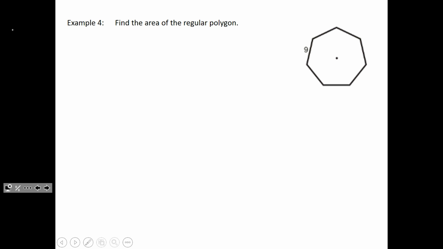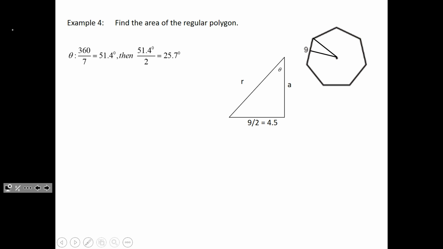One of the sides. Well, if the side is 9, what's half a side? Very good. So when I draw in my triangle, I know that the bottom piece, our x, is 4.5. Then I need to find the measure of the angle. How many sides does this thing have? 7, right? So I'm going to have 360 divided by 7, and then I divide that by 2 to find my theta.